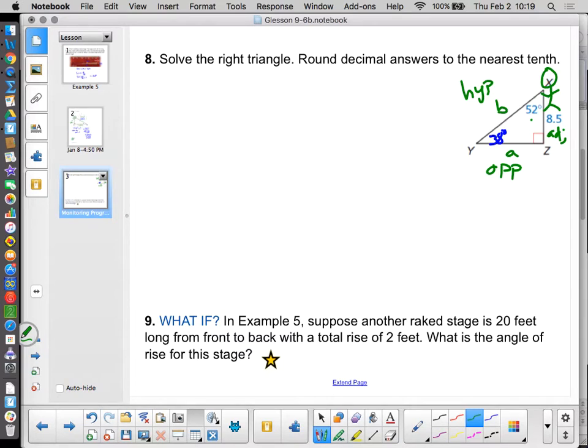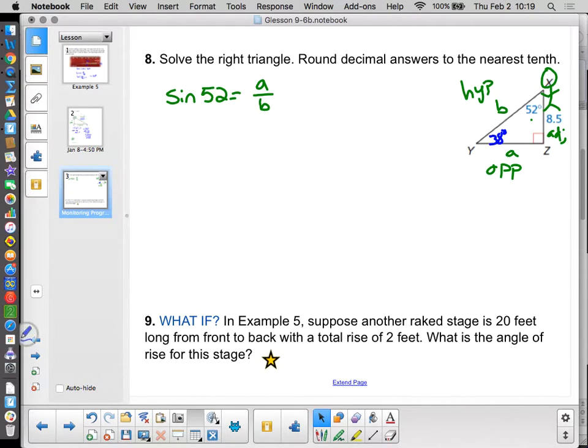Now that I know all that, I can start setting up my equations. Sine of 52 is the opposite over hypotenuse, so it's A over B. Oh, that's not going to help me at all, is it? Because I have two variables. That's okay. Move on.